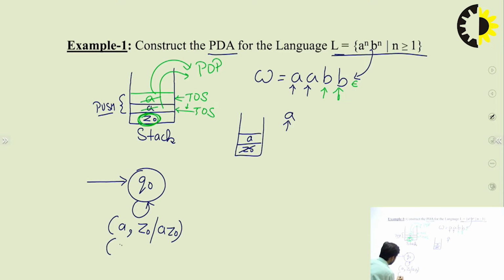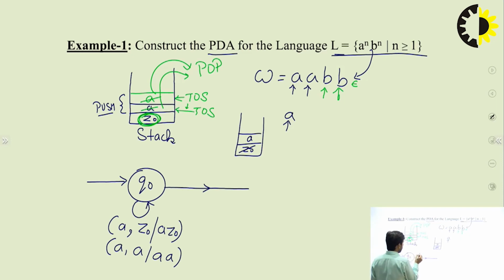Now when the input is A and the top of the stack is A, then A will be popped out and AA will be pushed. Move on to the next state. It keeps on pushing A onto the stack.